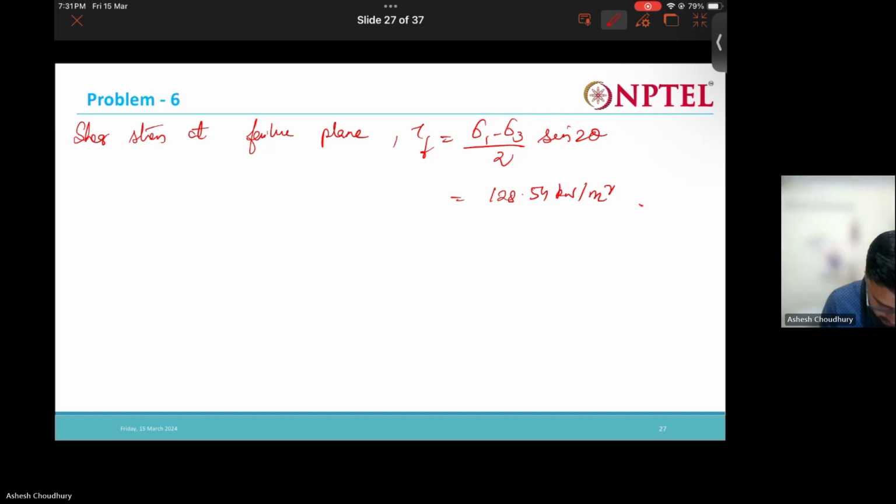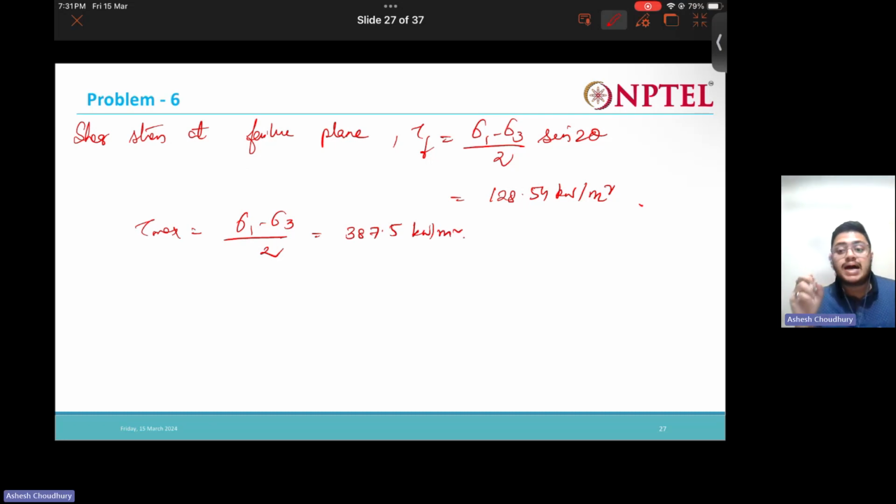Okay, so this is the shear stress at the failure plane. But what is the maximum shear stress that is coming on the soil sample? So from here what you can understand, the soil sample fails at a point where the shear stress is not maximum.